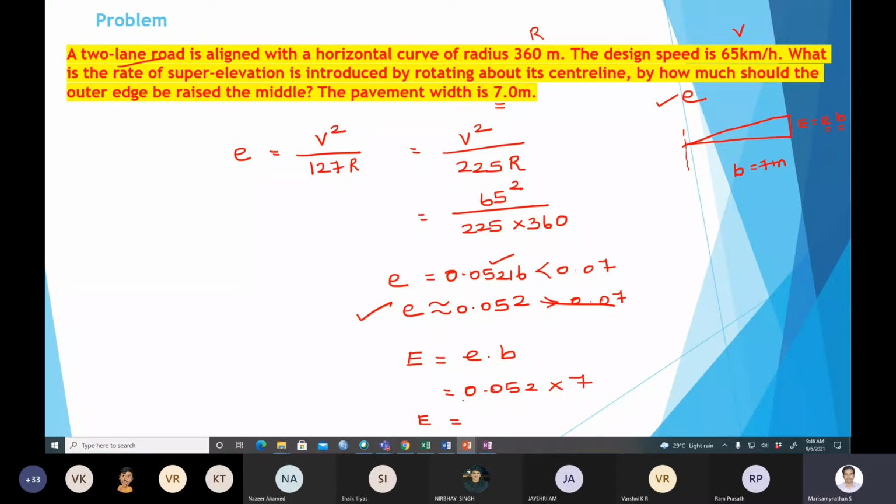So how many meters of rise do we have to provide? 0.052 into 7, I am getting a value of 0.364 meter. So this is the E value, the rise we are providing with respect to the center line to introduce the super elevation.